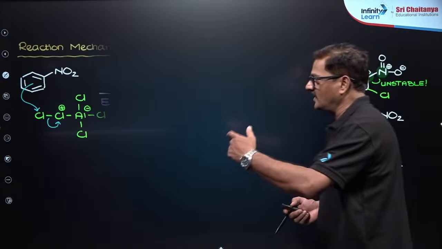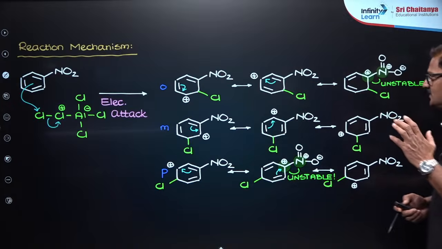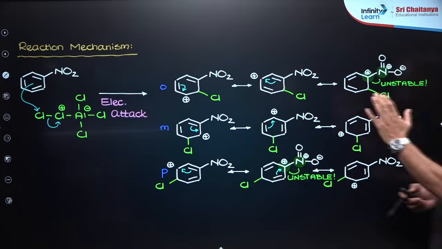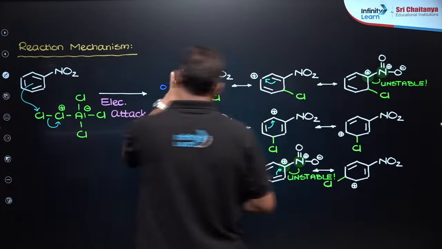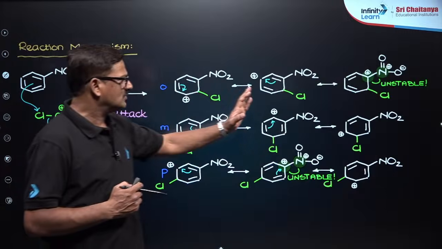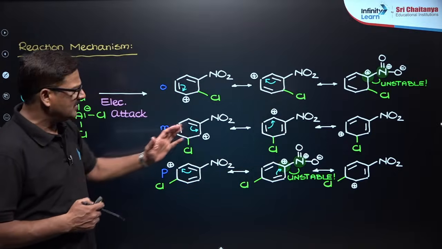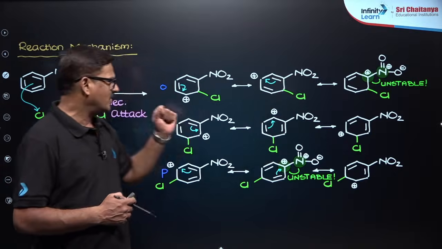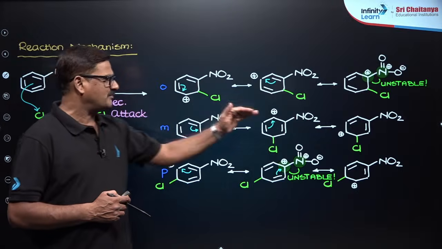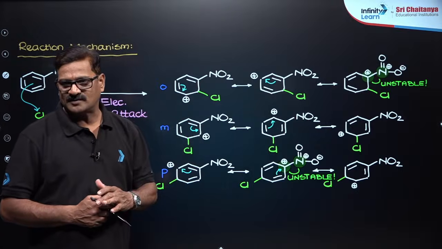Moving ahead, you can see the activation energies for this. In the resonating structures, the electrophile attack at ortho will give an unstable one, the attack at para will give an unstable one, but the electrophile attack at the meta position gives a relatively stable one.